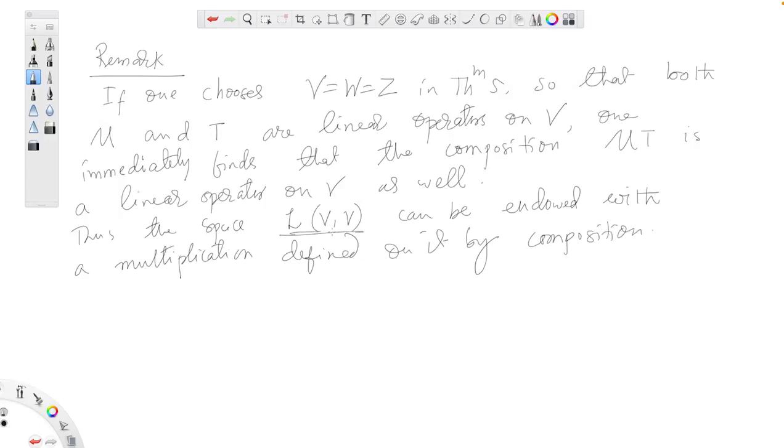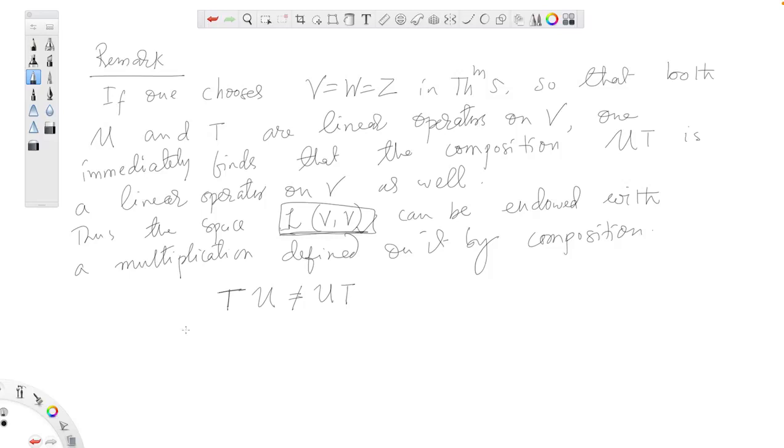So if we have a linear operator here and we have another linear operator in the same vector space, we can multiply two such operators by composing one with the other. If we have two linear operators T and U in this vector space, then TU is not equal to UT in general. They in general fail to commute.